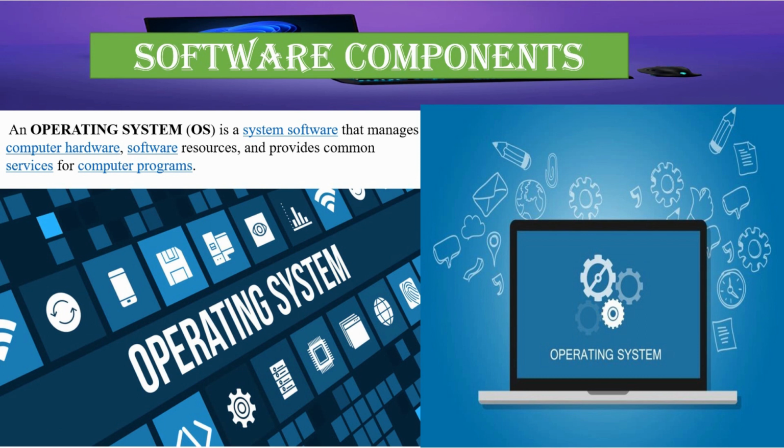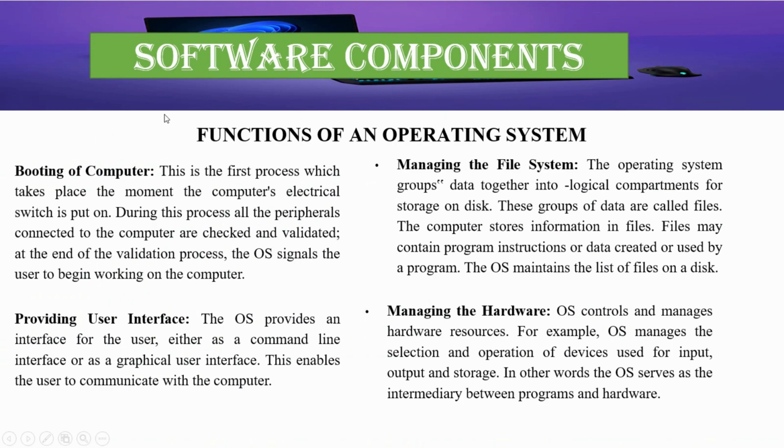So after you finish setting up your hardware, you may install Microsoft Windows or Apple Mac OS, or you can install Linux on your computer depending on your hardware capacity. For example, if you are using an Apple Mac, you have to install Mac OS X, or you can install Windows on it. And if you are using a PC, you have to install Microsoft Windows or Linux on it.